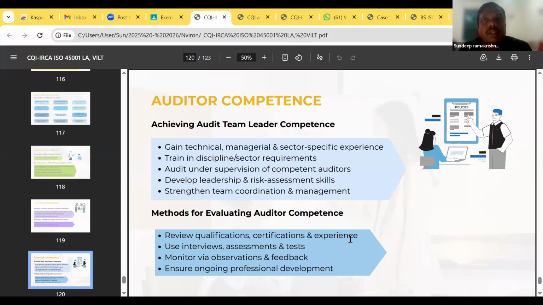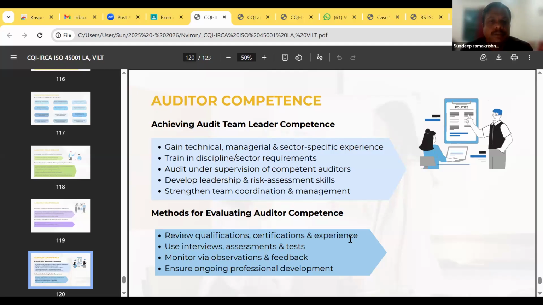There are various IAF codes. So in whichever you want to specialize, you have to gain knowledge and do audit under supervision of competent auditors. These are some of the requirements when you want to become a full-time auditor. Develop leadership and risk assessment skills and strengthen team coordination and management.